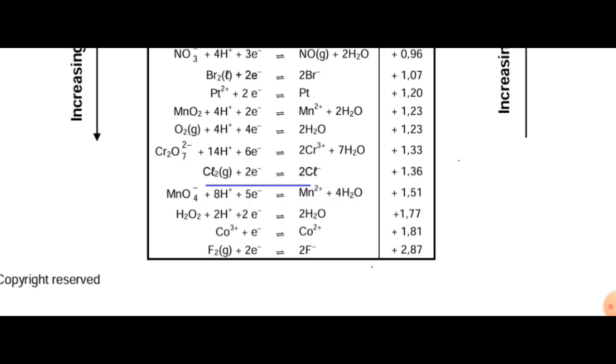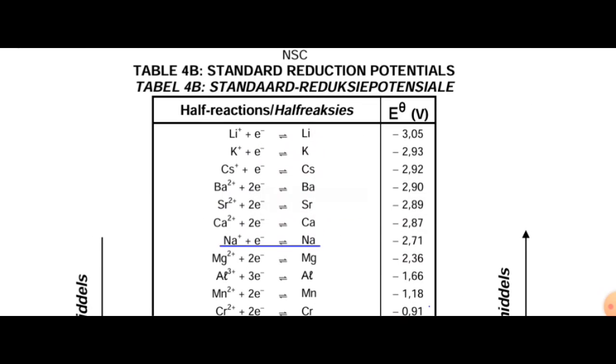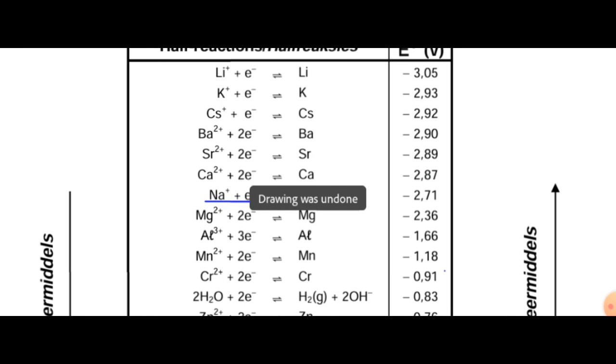With the galvanic cell, the one that is more negative is the anode. What do I mean? This one has an electrode potential of 1.36 and the other one has an electrode potential of negative 2.71, so it is more negative. Therefore Na would have been the anode if this is the galvanic cell.